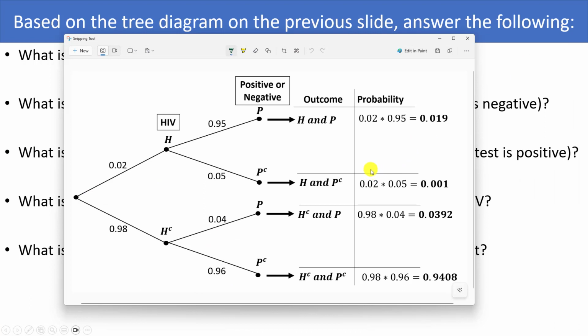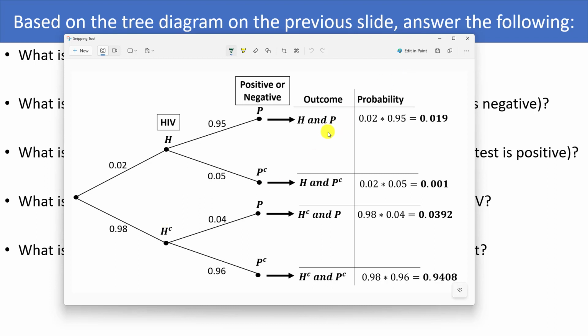And here's the way to think about it. If you think about the probability of P, the probability of a positive test, there's two ways you can have a positive test. You could either have a positive test with HIV, or you could have a positive test without HIV, right? So really, the way to find the probability of having a positive test is to find all the times when you could have a positive test and add those probabilities together.